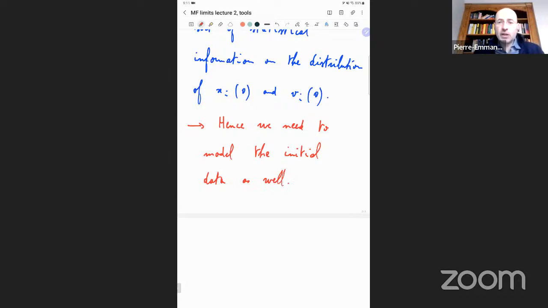Again, this is very unlike, say, if we were doing fluid mechanics, and then we could completely brush aside the question of modeling the initial data. Essentially, that would be up to the experiment.